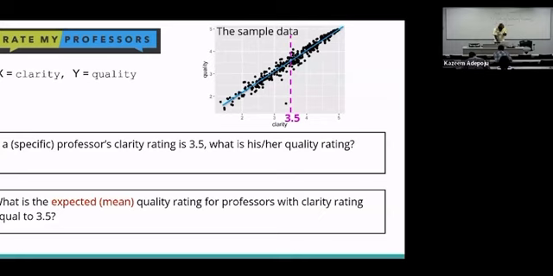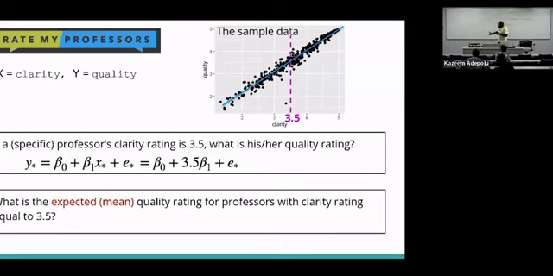Now, if I have a scatter plot and here they said the clarity is 3.5, I can make use of my scatter plot. I'm just going to draw from 3.5 all the way to touch the line, the line of best fit. Then I will be able to know my quality.